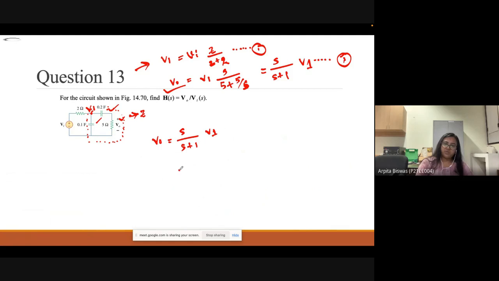Just put down the value of V1 here: S by S plus 1 into Z by Z plus 2 into V input. Now we have to calculate H(S). What is the value of H(S)? V output by V input. So S by S plus 1 into Z by Z plus 2.